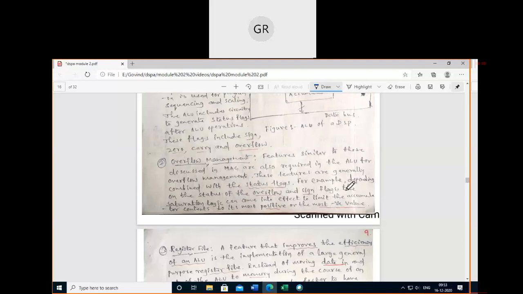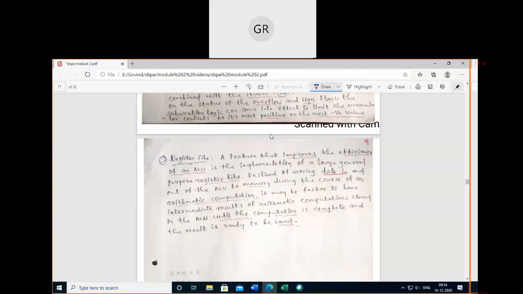For example, depending on the status of the overflow and sign flags, the saturation logic can come into effect to limit the accumulator contents to its most positive or most negative value. If the sign bit and overflow bit are high, then there is an overflow. Based on these bits, the saturation logic limits the accumulator to the most positive number and the least negative number.